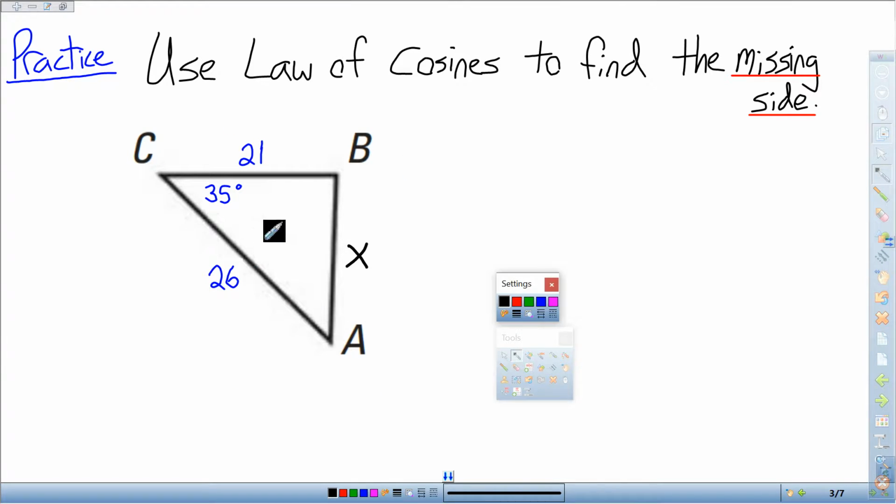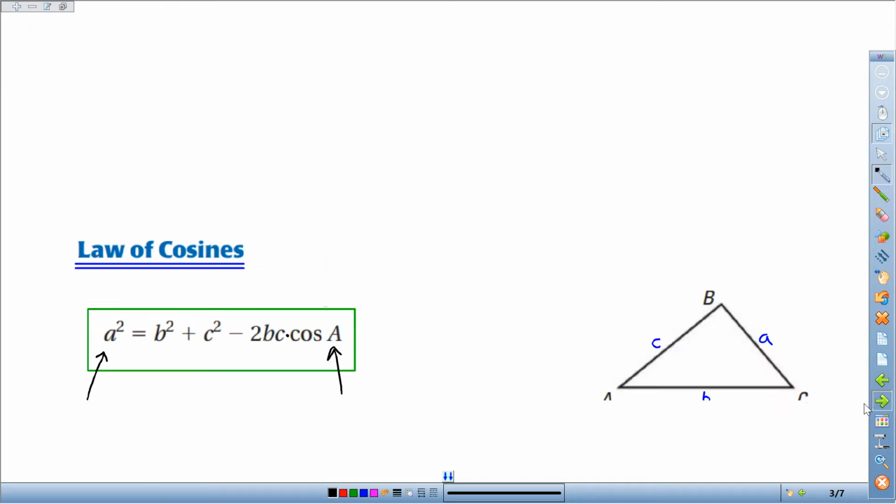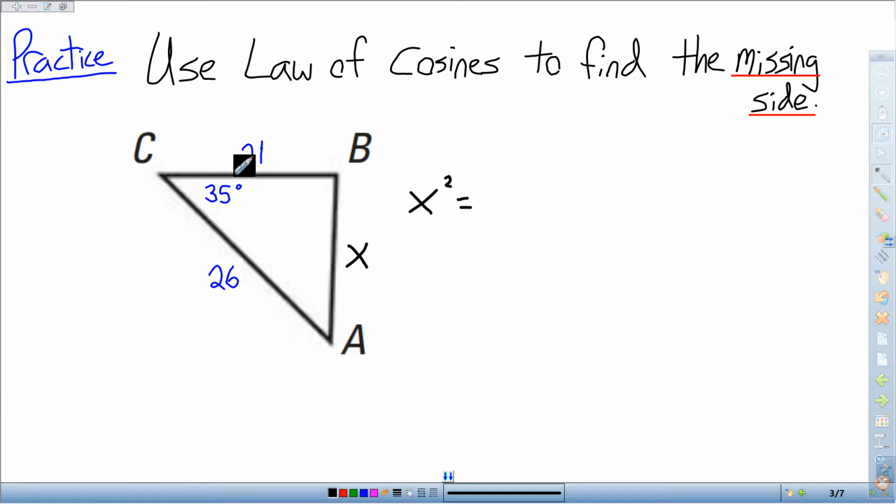Okay. So let me get this written out. So the first thing is the side length we're looking for equals, and just so we're all on the same page, b squared plus c squared are the other two sides. I'm going to make 21 b and I'm going to make 26 c.